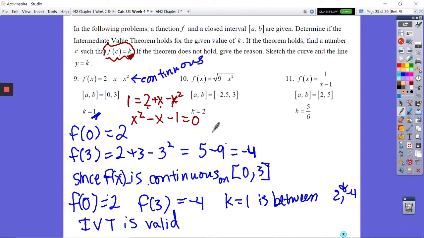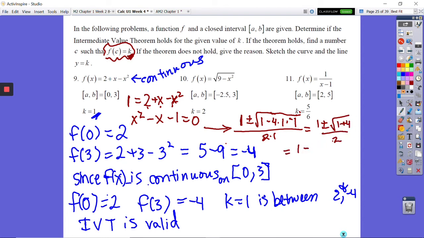So now I'm using the quadratic formula: -b, which is 1, plus or minus the square root of b squared minus 4 times a times c, all over 2 times a, which is 1 plus or minus the square root of 1 plus 4 over 2, which is 1 plus or minus the square root of 5 over 2. And so, which one is in the interval?